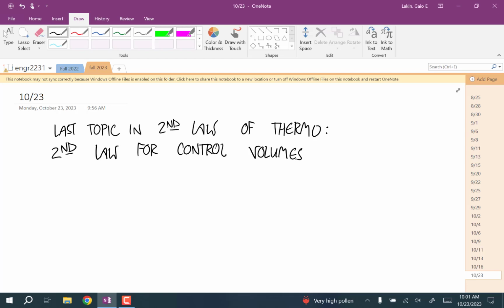And this one is a lot less complicated of an equation compared to the first law for control volumes. But remember, the way the control volume approach works is you deal with the stuff that's in the control volume, and then you add or subtract the stuff entering or leaving.